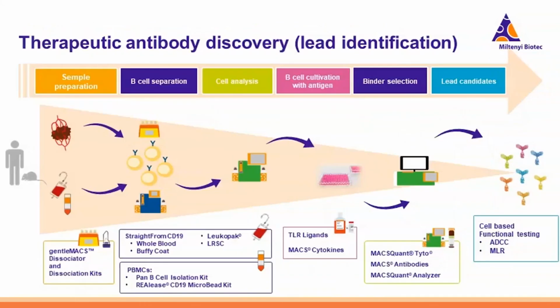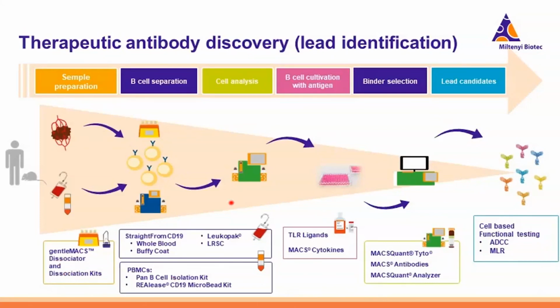And in this direction, I just want to give you an overview of all the offer we have for the study of therapeutic antibodies, starting from preparation of the material. That is also very important. It can be either from whole blood or from PBMC, as you can see here, where we offer a very long list of product possibilities for B-cell isolation. But it can also be from tissue, for example, using the gentleMACS Dissociator in case, for example, of study of B cells specific for tumors.